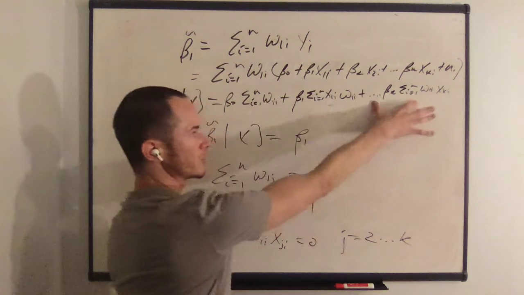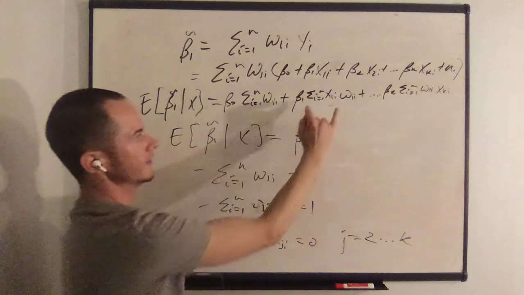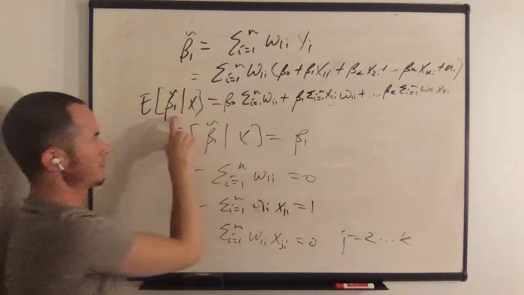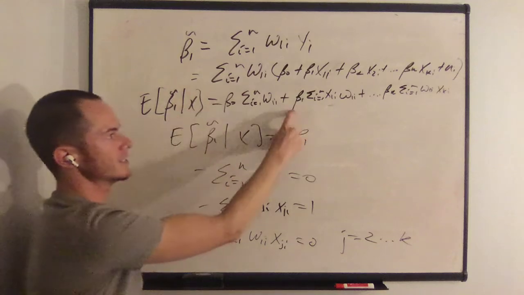The rest of these terms are also equal to 0. This is equal to 1, and the expected value of beta 1 tilde given x is equal to beta 1.